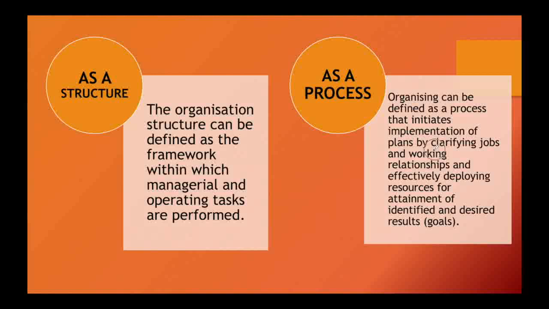So you need to clarify the job. Are you getting it? Then you need to establish the working relationship. Working relationship here means who will report to whom, who has the authority to order the people. That is called the working relationship. Getting it? And then finally you need to deploy the resources.